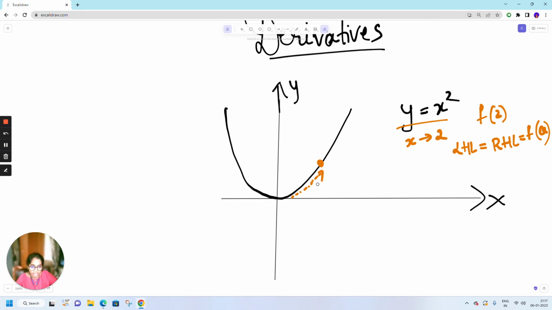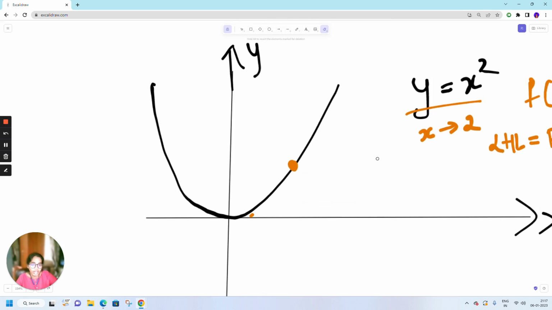Why do we study derivatives? Suppose you observe here, what happens to the slope of our graph? Take any two points and find the slope over here, something over here, something over here. As you can see, the slope is decreasing.